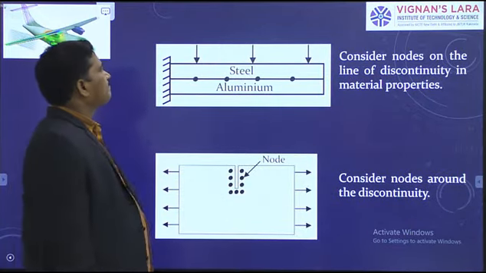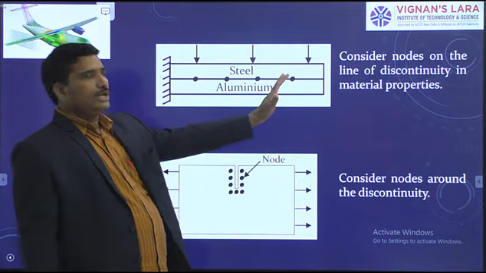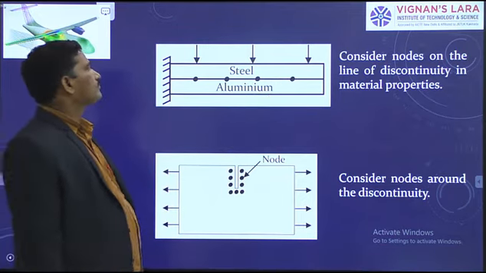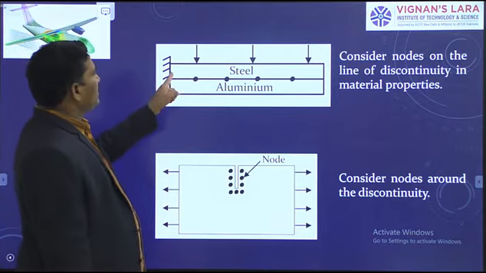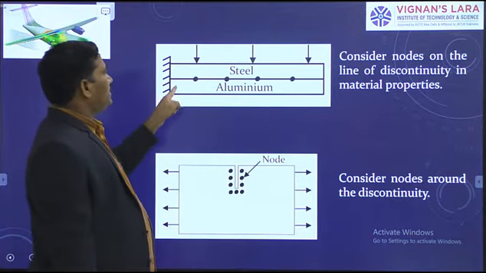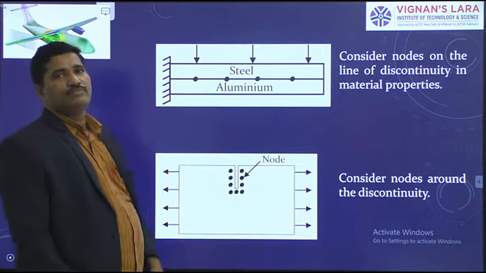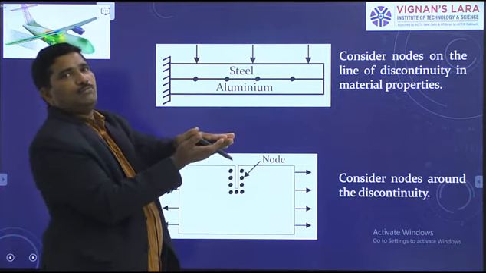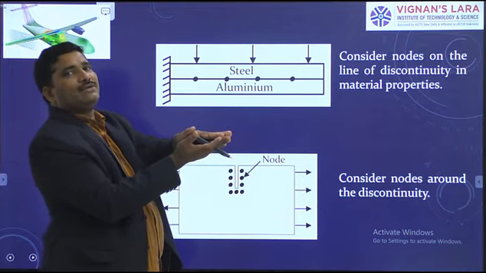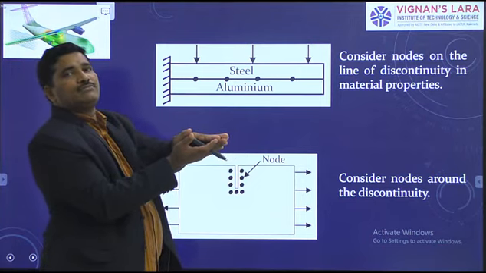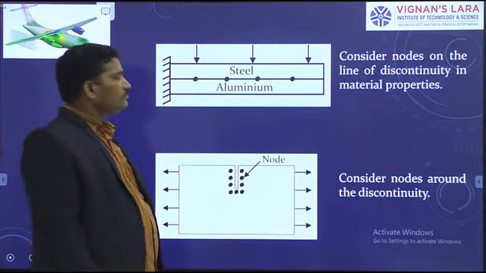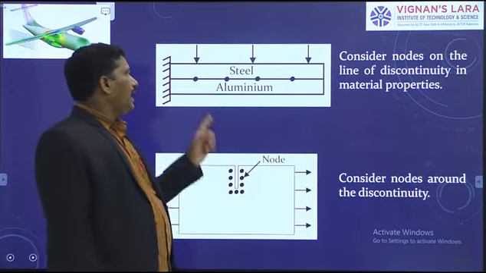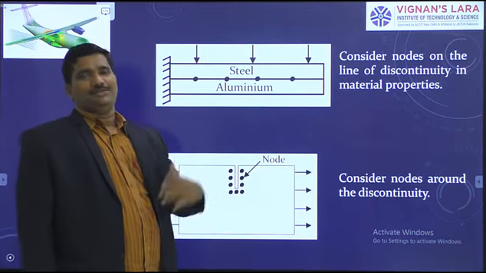In this case, we have a bar made of 2 different materials. See here, this is steel and this is aluminum. 2 plates we have like this, one upon the other. Both are integrated with each other. They are integral parts. The properties of steel and aluminium are different.